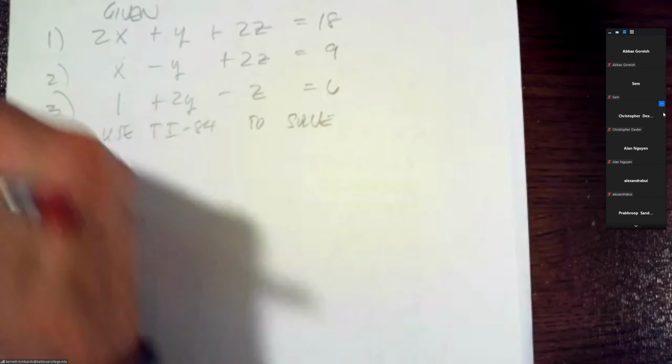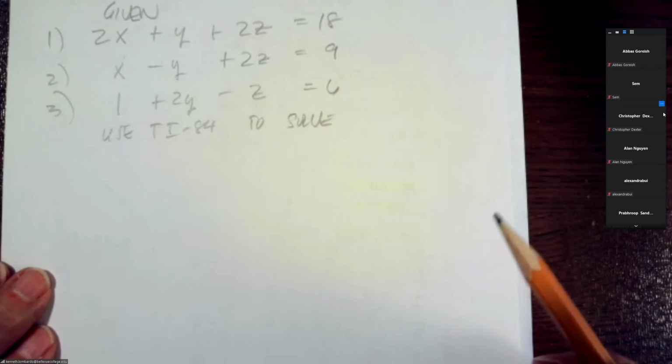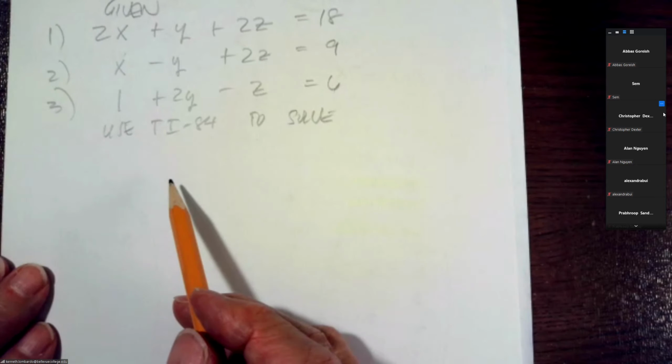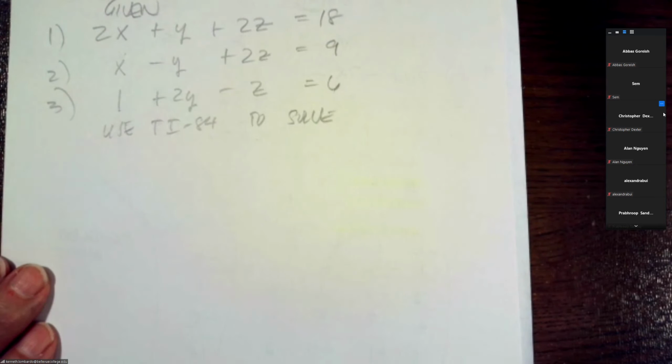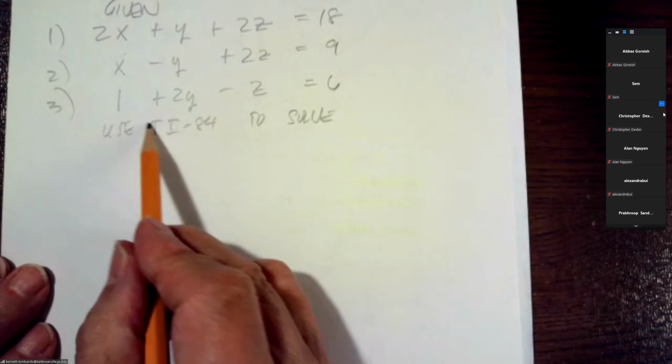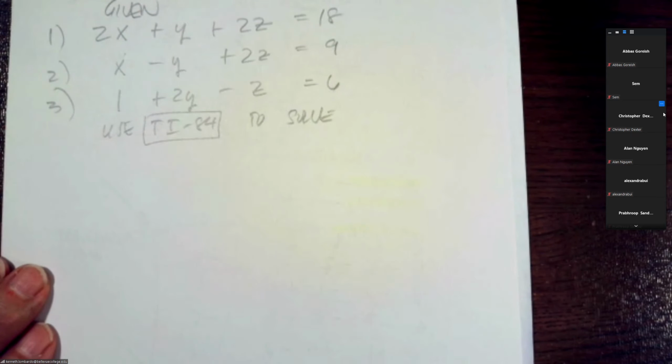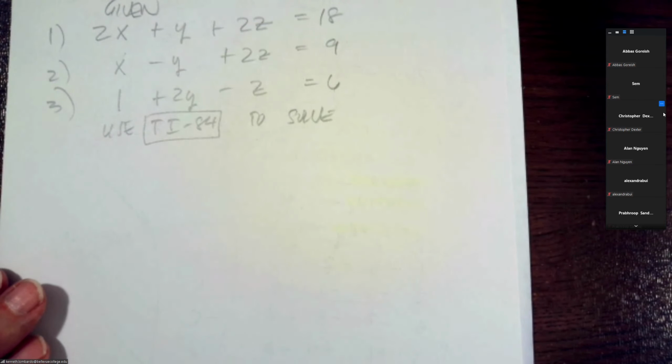Now, we want to be able to use matrix operations, and you'll be asked that in this class and other classes. But you also want to be able to use your calculator to solve this. So what I want to do is take you through that. So let me get out my calculator here. Before I do, I'll ask for any questions before I move on to the calculator part of it. Questions at all?